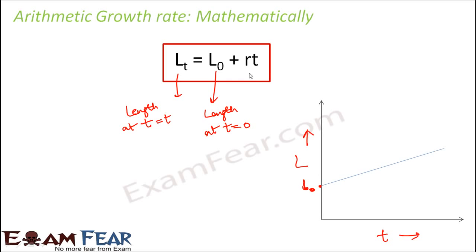What is R? R is the growth rate, which is nothing but the slope of this line. R denotes the growth rate and t denotes the time. Correct? So this is how we can denote it mathematically, that is Lt is equal to L naught plus Rt.